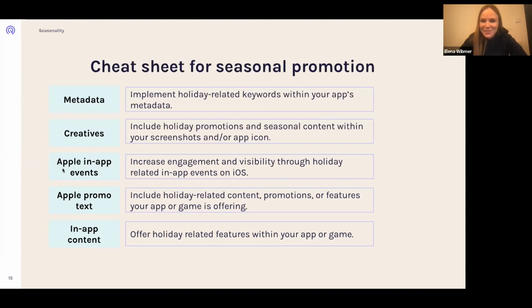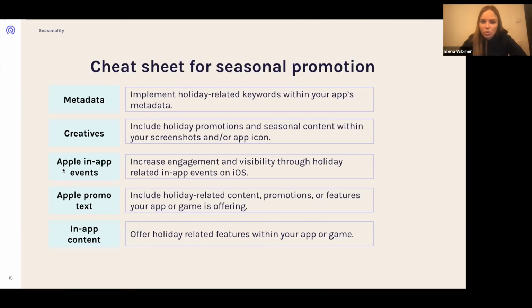And as promised, we have here now our so-called cheat sheet for your next seasonal promotion, summing up what we've talked about during the first part that I was talking, and then the review that Thomas was highlighting, several things compromised in one sheet. To quickly sum it up, when coming back to my example, seeing it throughout the whole user journey, I would say here it's all around the metadata, implementing the holiday related keywords, really trying to research those with an App Store optimization tool like AppRadar, for example.